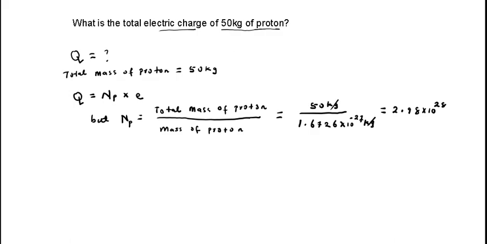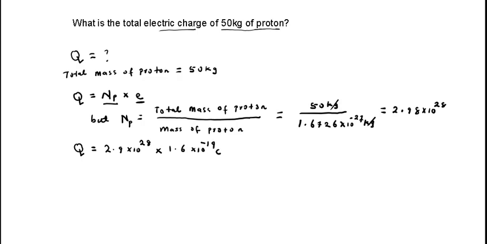Then let's go back and plug it into our equation. Q is equal to, so the number of proton here is now going to be 2.9 times 10 raised to power 28, then multiplied by the charge of one proton. The charge of one proton is 1.6 times 10 raised to power negative 19 coulombs.